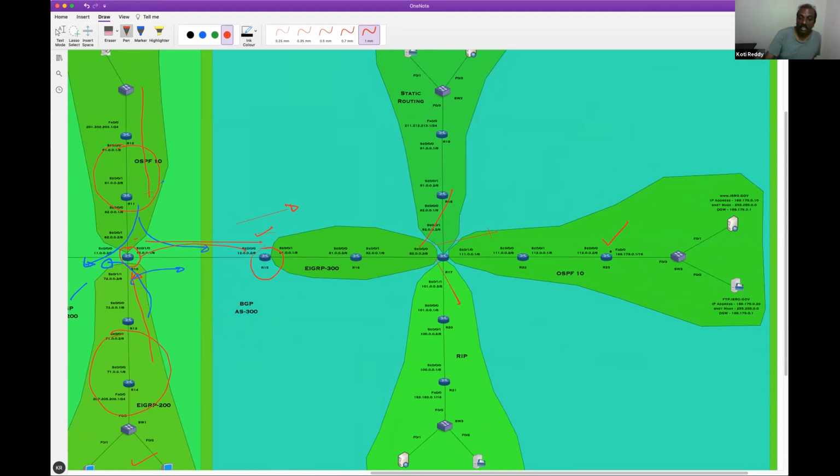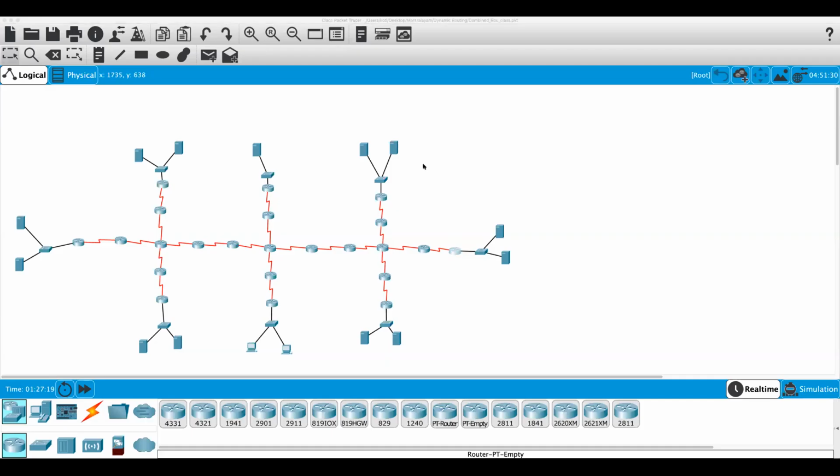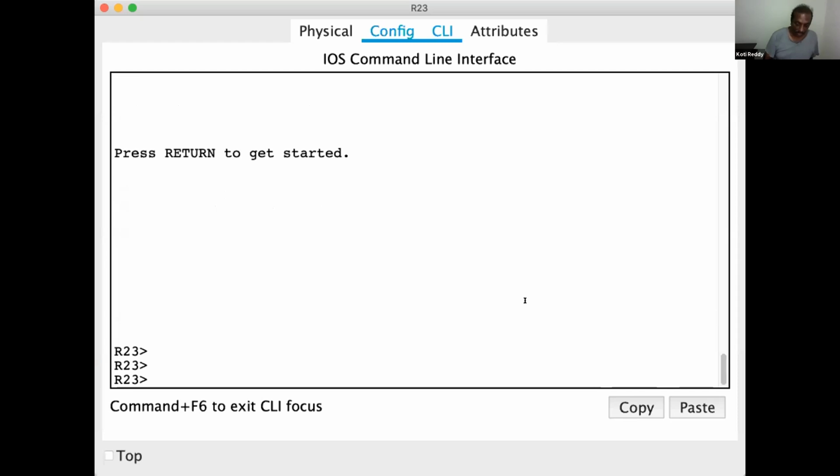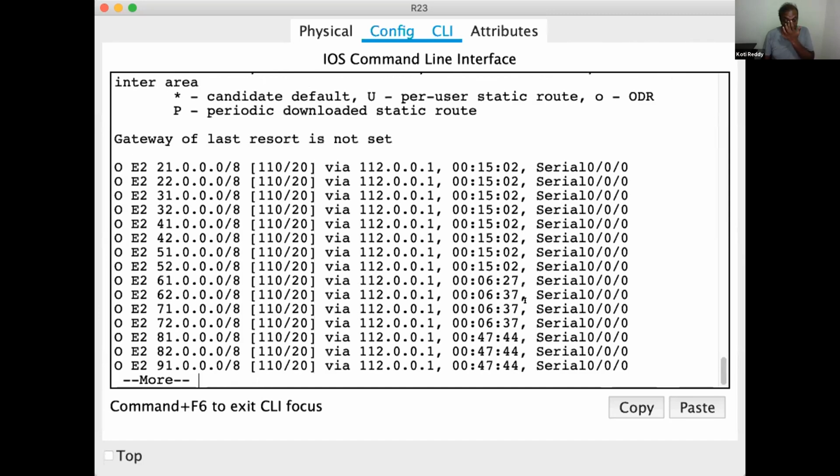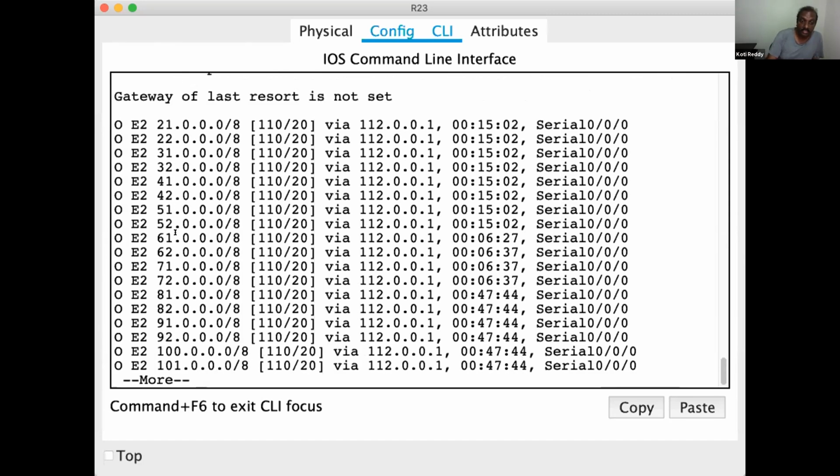Let's see this. I go to R23. I say enable, I say show IP route. I should see 60 series and also 70 series here, right?